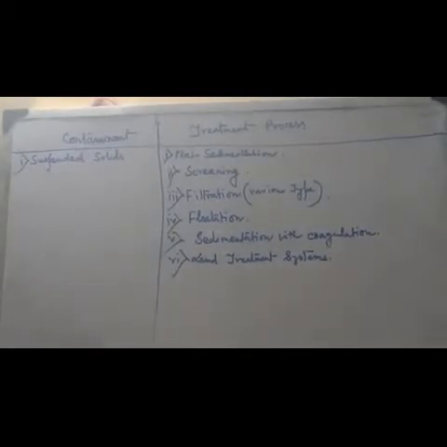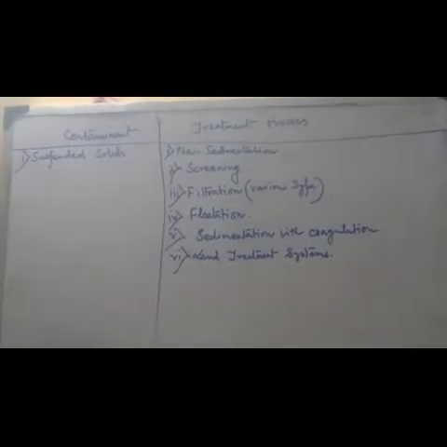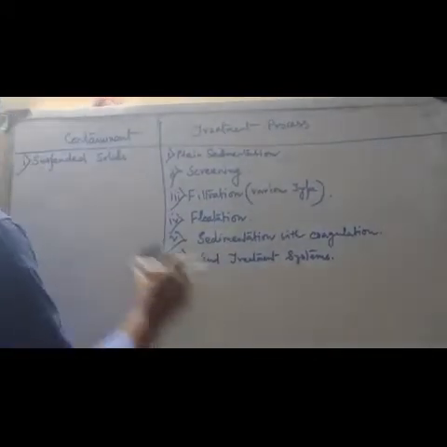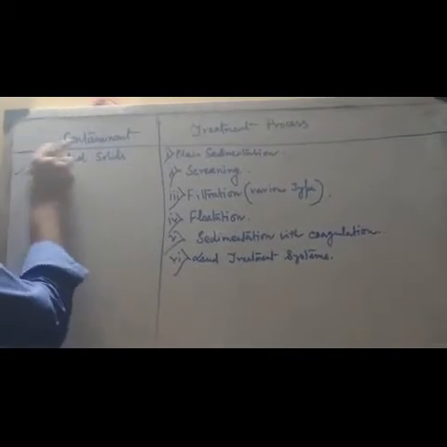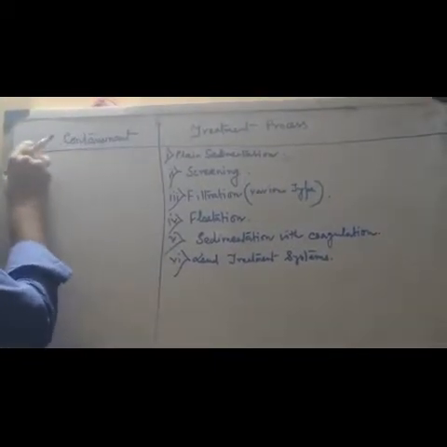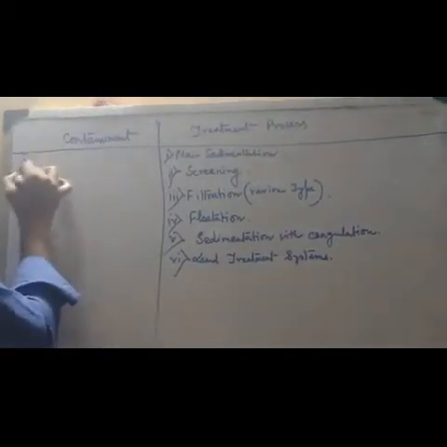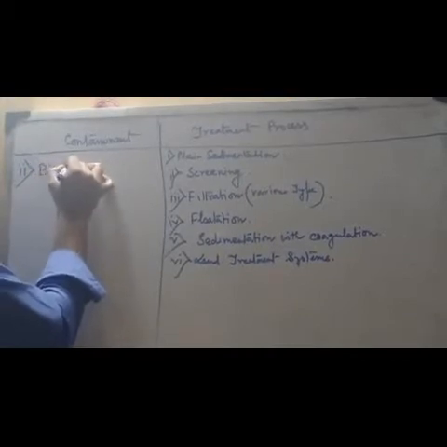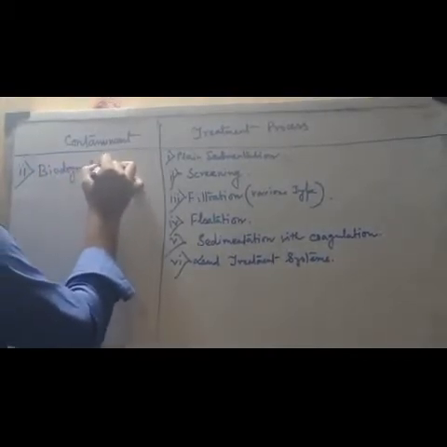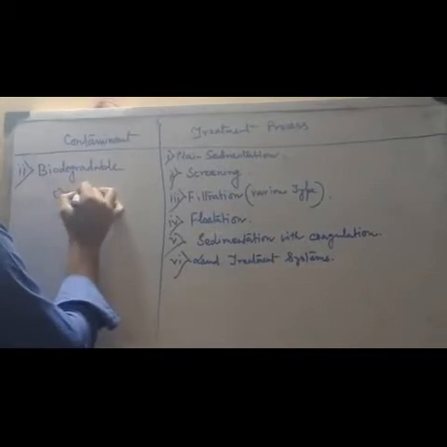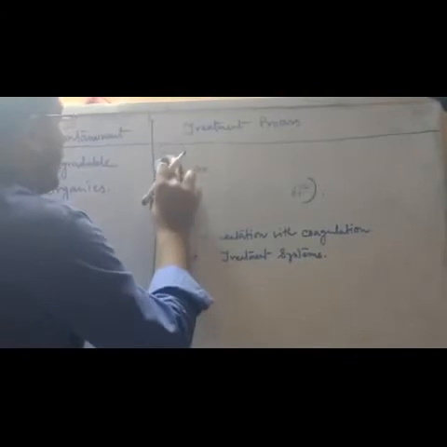Okay. Now, if the contaminant is biodegradable organics, please write down in the contaminant column, that is biodegradable organics. This is number 2. Then what will be the treatment processes involved to remove the biodegradable organics?